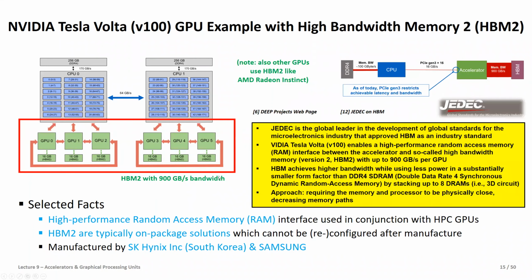Now thinking about the idea of essentially HBM2, which is very important, and thinking about where the bottleneck is today, we have a very high memory bandwidth from the accelerator to this HBM. This is very good, so host memory and the accelerator.